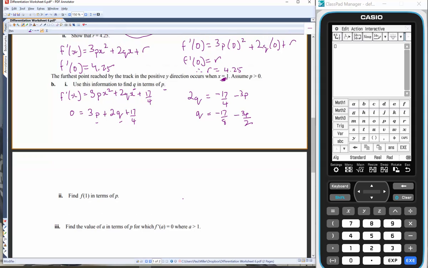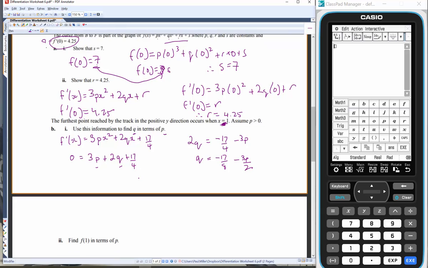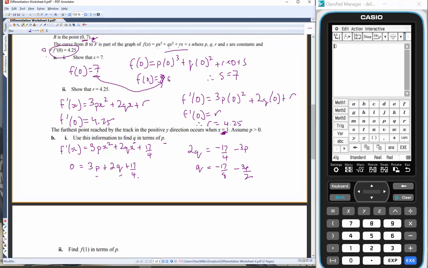Find f of 1 in terms of p. All right, so what we're going to do is note what my function was. There it is up there. So f of x, this will be on like a double page spread in your exam.